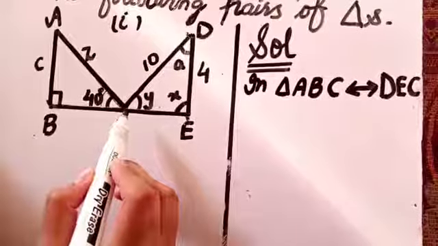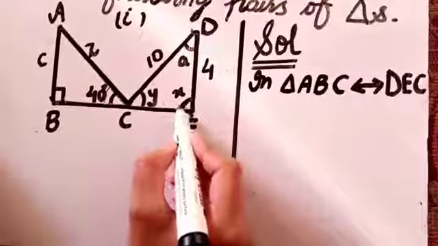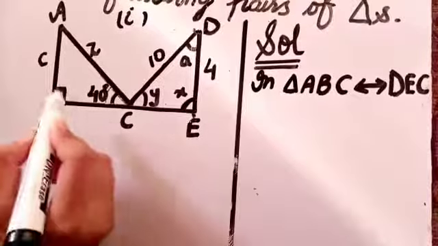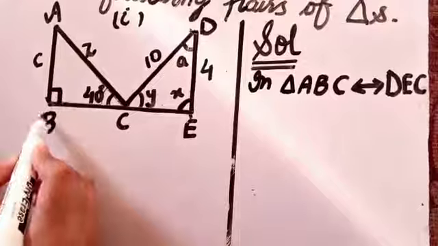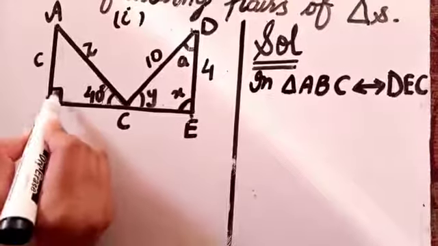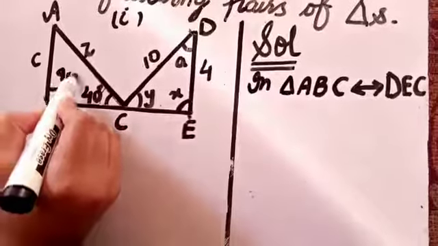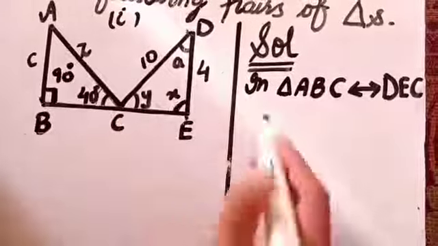So I can write this corresponding angle, that is the angle x, is equal to the corresponding angle of B. B is 90 degree. This square means 90 degree. So x will also be equal to 90 degree.